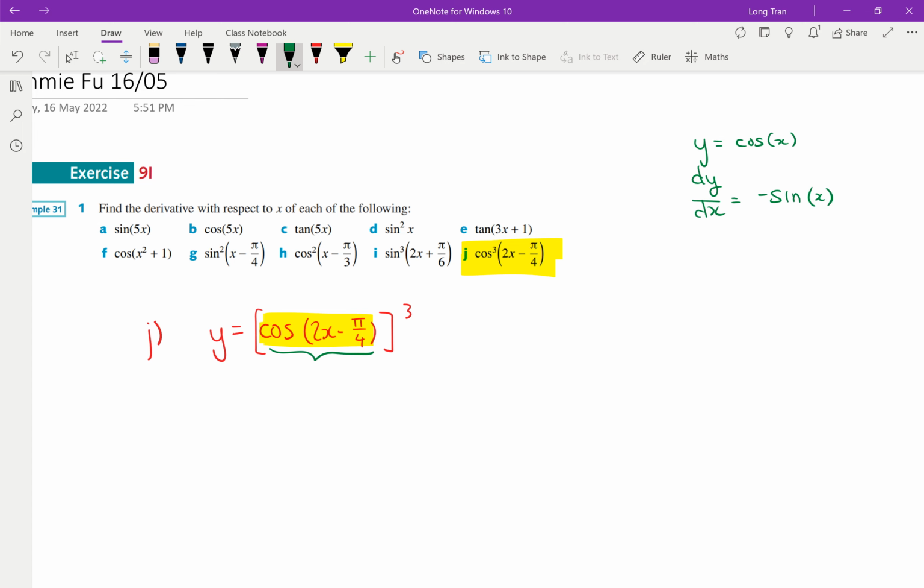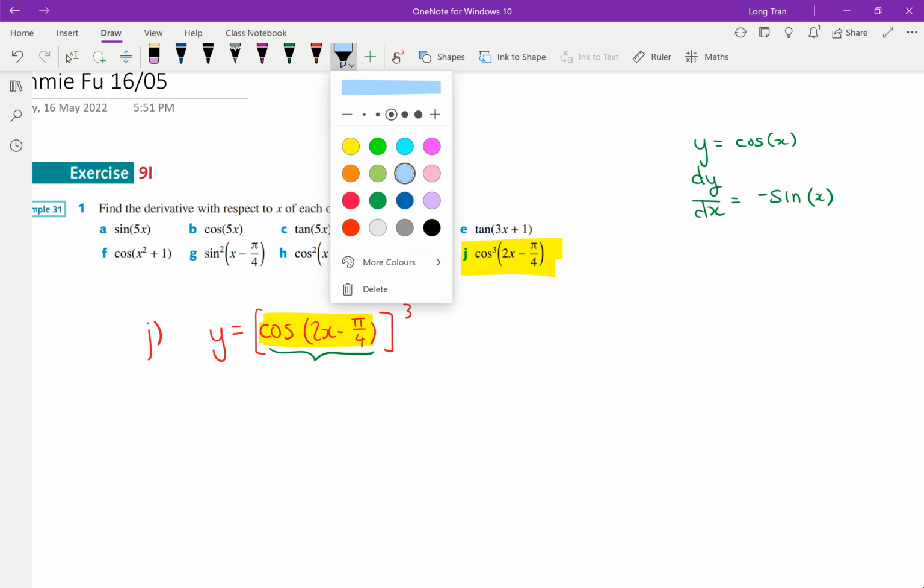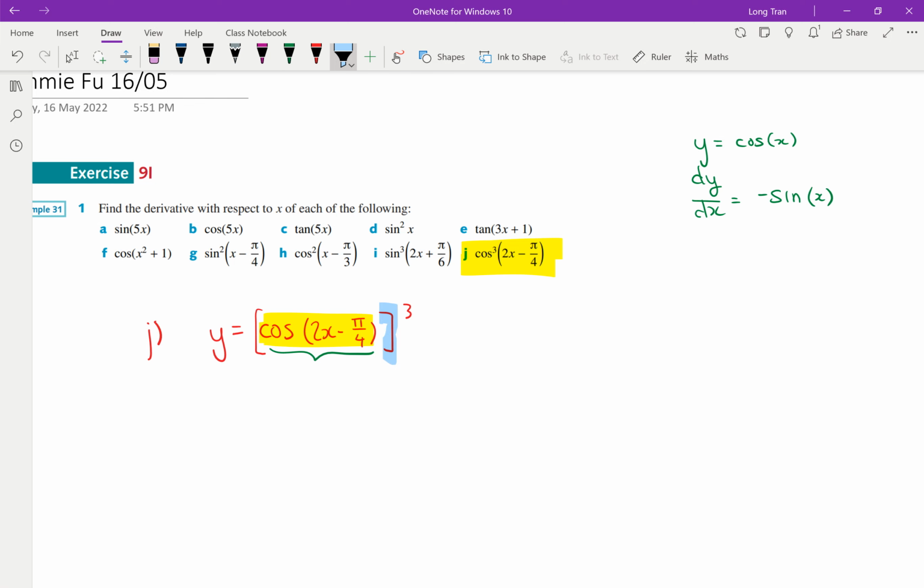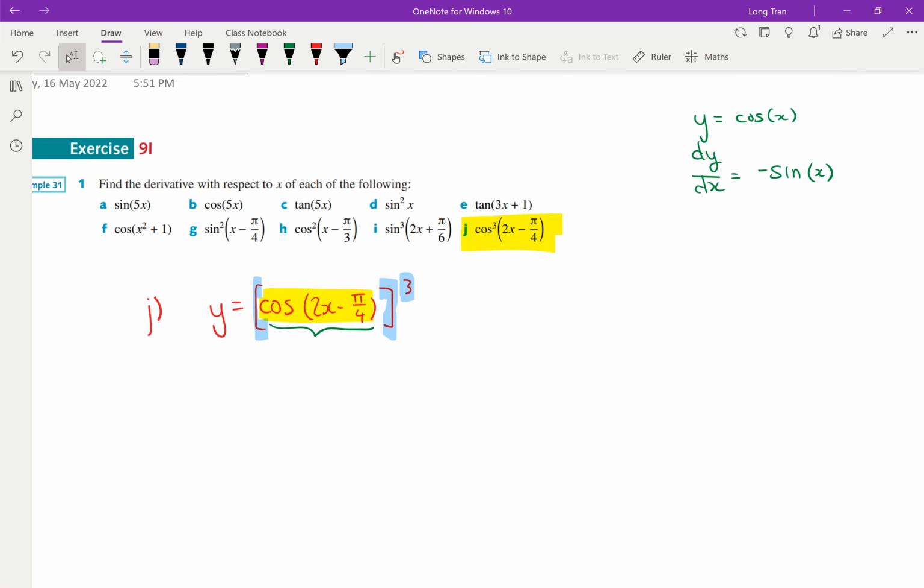So in my case, this section I should be able to differentiate. But the problem is I've got this thing cubed that's in the way. This is a chain rule problem where you combine chain rule with the derivative of circular functions. I'm going to use u so that it looks more familiar with chain rule.